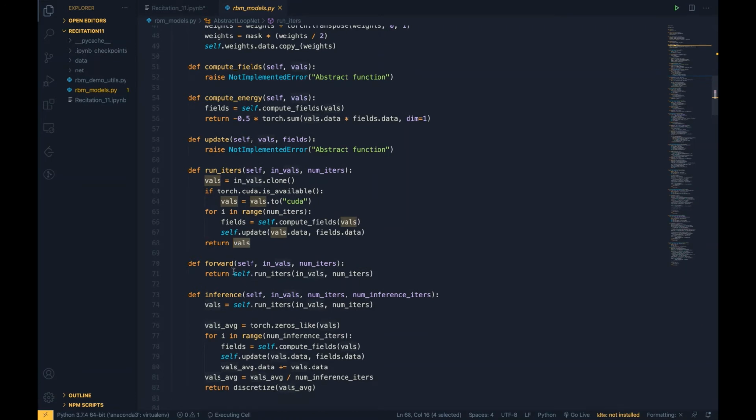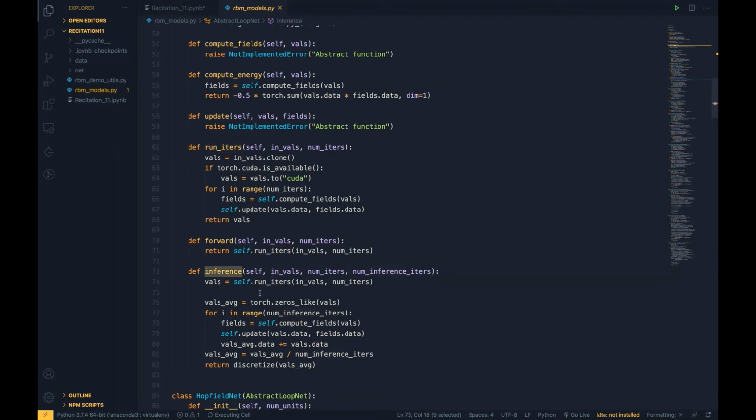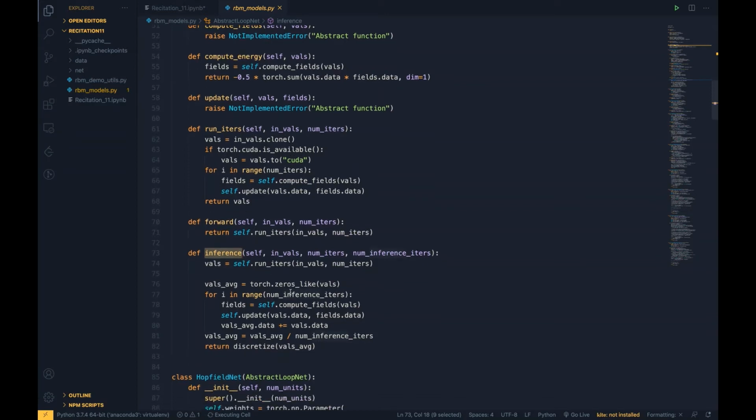The forward function just calls the run iteration function, and the inference function is used in the stochastic network.